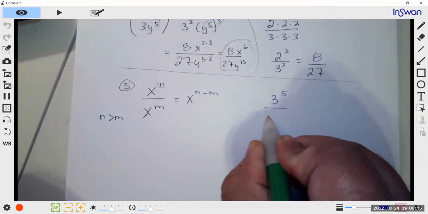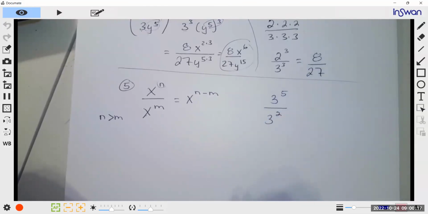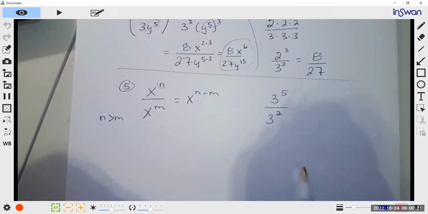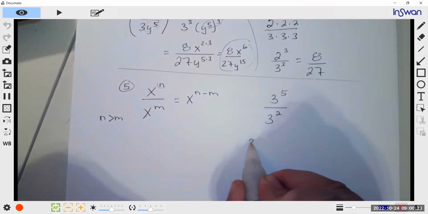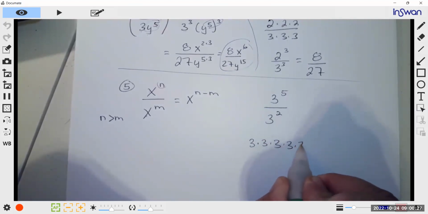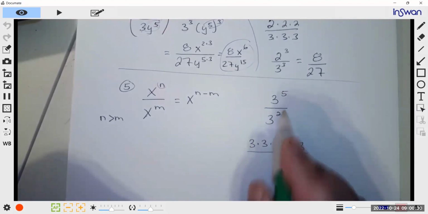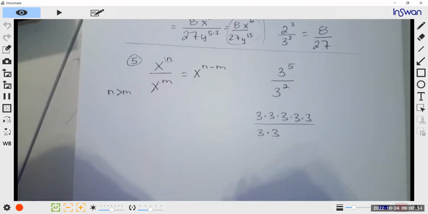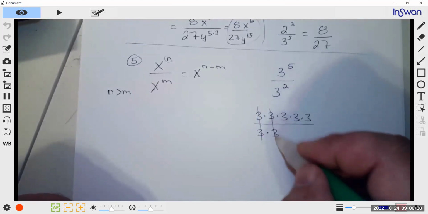3 to the 5th divided by 3 squared. So on top we have 3 times 3 times 3 times 3 times 3. There's 5 of them. On the bottom, we have 3 times 3. Whenever you divide, you cancel.